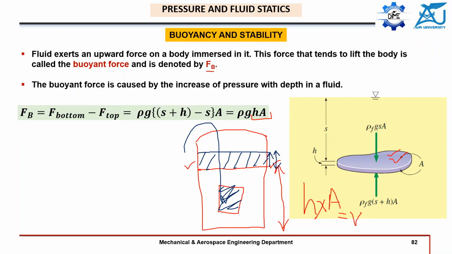This rise in volume is actually equal to the volume of this body. So if we know the volume of this body, we can find out how much volume has been replaced. That will be the same.